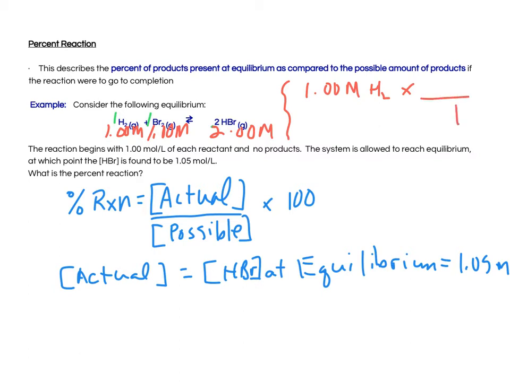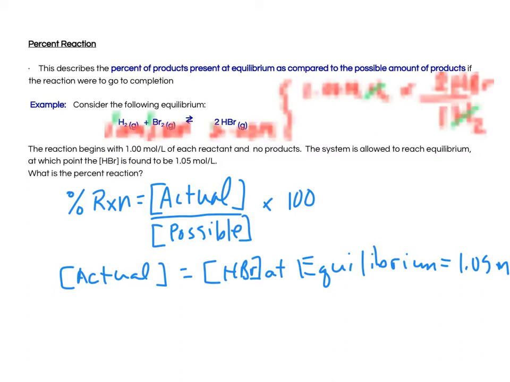So I need to cancel out my moles of H2, and I need to keep moles of HBr. For every 2 moles of HBr that are produced, I'm going to use 1 mole of H2. Dimensionally speaking, my moles of H2 are going to cancel, and my 1 mole per liter times 2 moles for every 1 mole will give me 2 moles per liter of my product, in theory.